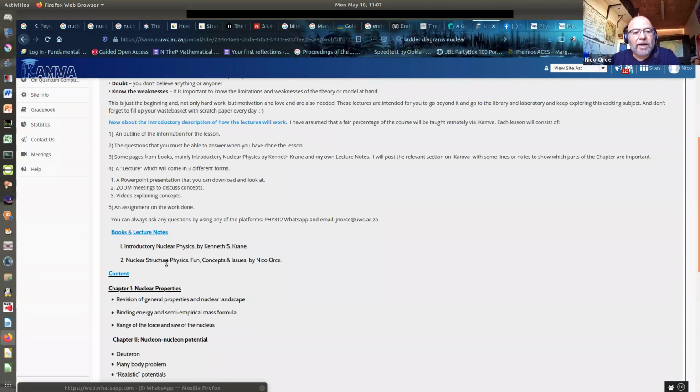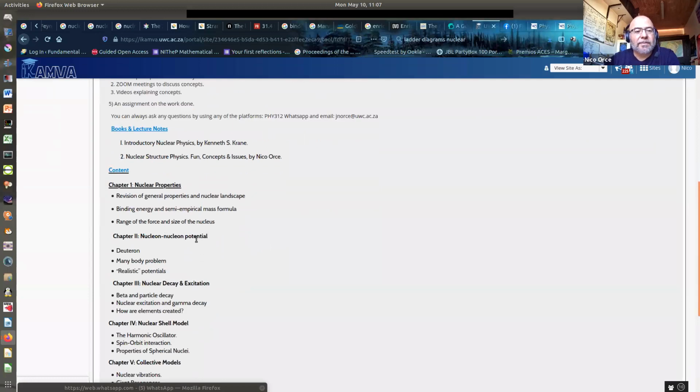And the first chapter will be nuclear properties, where we are going to revise the general properties and the nuclear landscape. What is our laboratory? And we are going to inspect what is the binding energy and the semi-empirical mass formula. Basically, we are going to apply Einstein's formula that you know very well to determine binding energies.